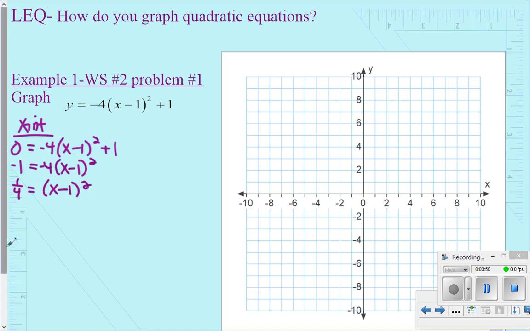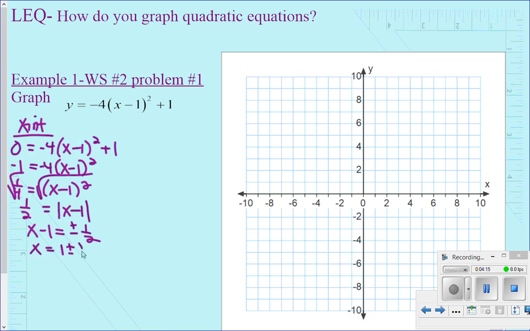Now I have it in the format that I can take the square root of each side. On the right, the square root of x minus 1, the quantity squared, is the absolute value of x minus 1. And on the left, the square root of 1/4 is 1/2. So we have x minus 1 is equal to plus or minus 1/2. And then adding 1, x equals 1 plus or minus 1/2, which we can simplify further. 1 plus 1/2 gives me 1.5.